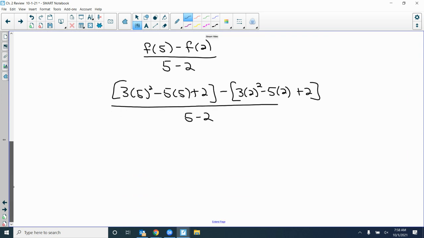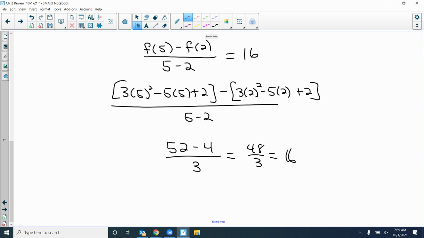So let's see here. 5 squared, 25 times 3 is 75. 52, first one. Minus 2 squared is 4. 12 minus 10 is 2. 2 plus 2 is 4. So I got 52 minus 4, which is 48 divided by 3. 16. Agree? All right. So the average rate of change is 16.